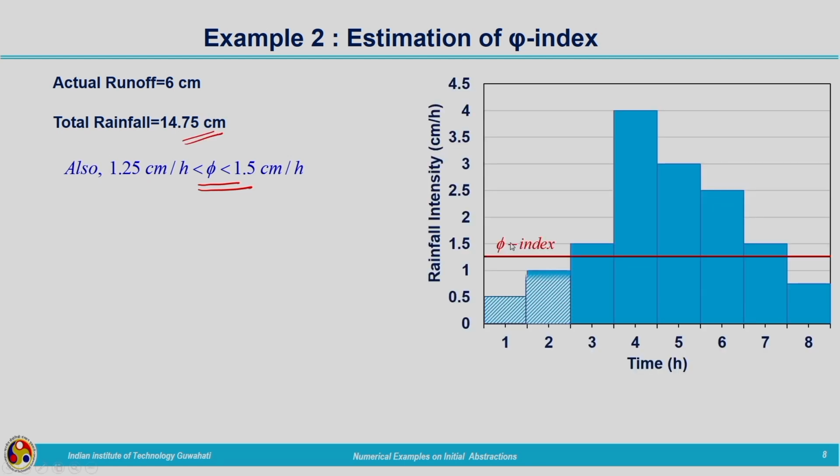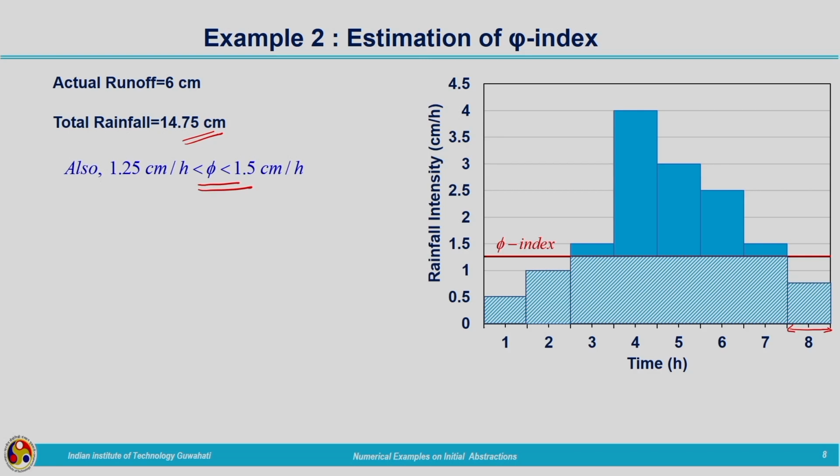This much water will be lost as abstractions, and what lies beyond that produces the direct runoff. That value we need to quantify. This red line is representing phi, corresponding to how many hours. From time 0 to 2 hours, the entire rainfall is lost as abstractions, and also from 7 to 8 hours the rainfall is lost as abstraction.